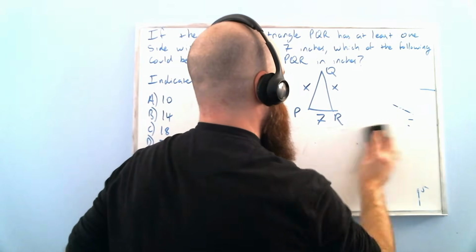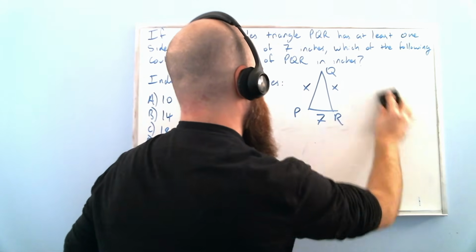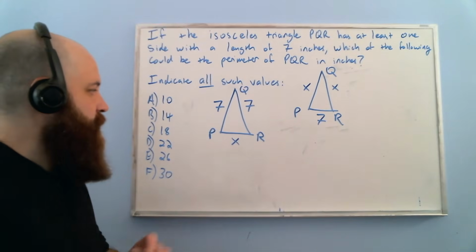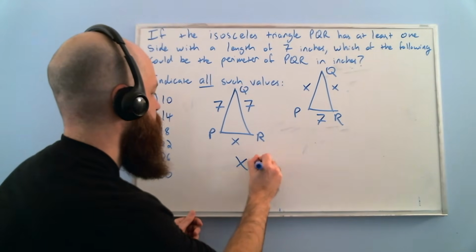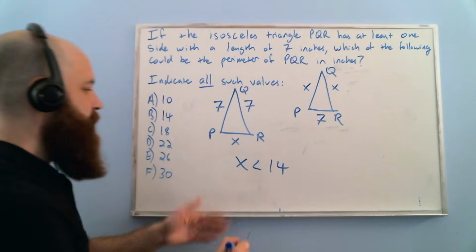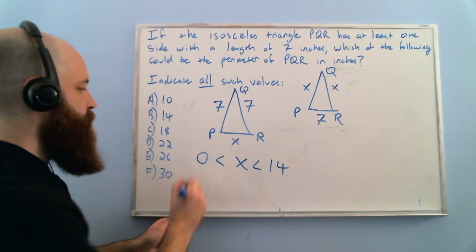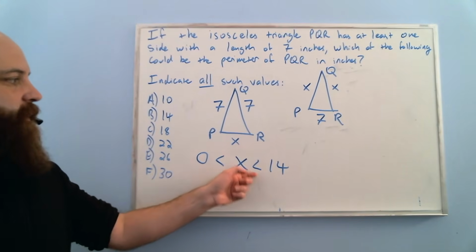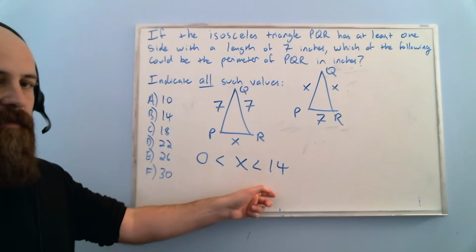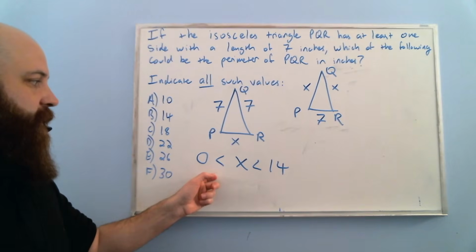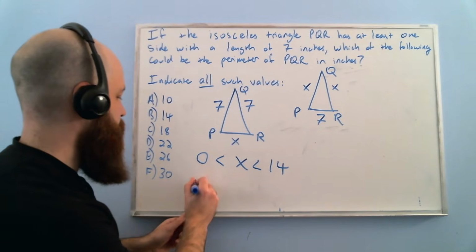Okay, so x needs to be less than the sum of the other two sides. So x has to be less than the sum of 7 and 7. And it needs to be greater than the difference between 7 and 7. Okay, so that tells me the range of possible values of x, it's got to be less than 14, greater than 0. So what does that tell me about the perimeters?